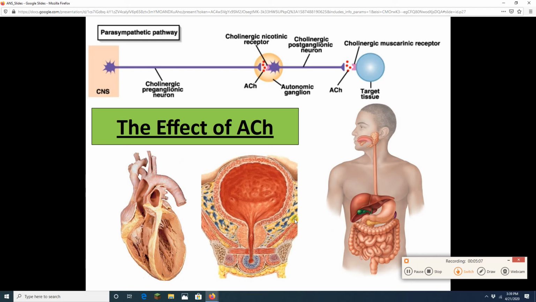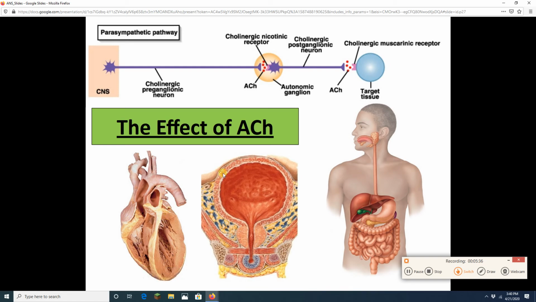Let's ask ourselves now what acetylcholine does. We know that at the ganglion, acetylcholine causes our postganglionic neuron to fire an action potential. But on the target tissue, it depends on what target tissue we're talking about. Acetylcholine makes the rate of cardiac muscle contraction go down. In other words, it slows down your heartbeat.